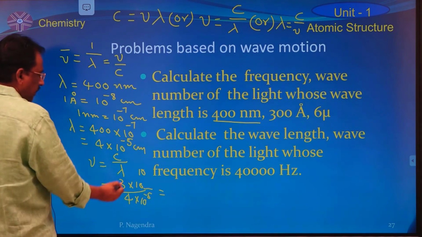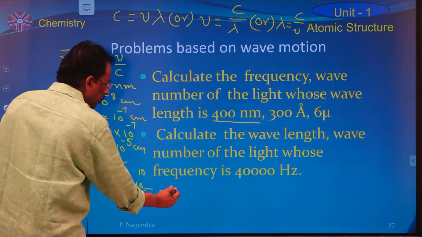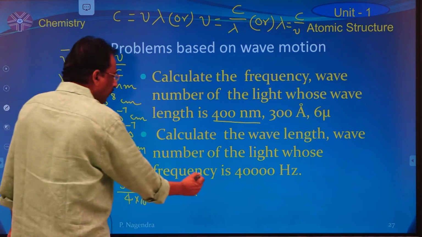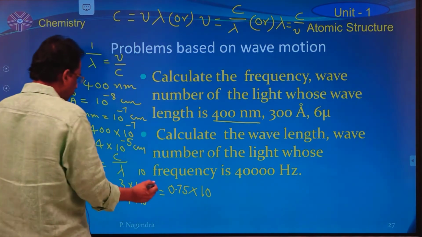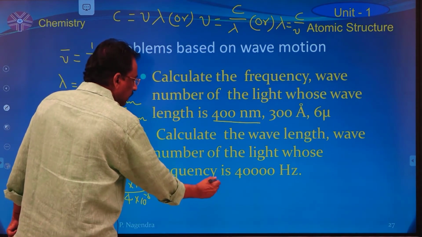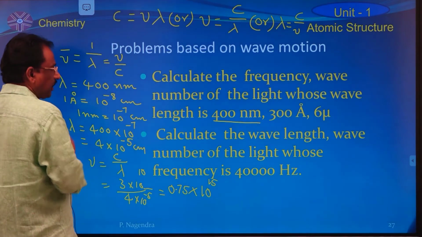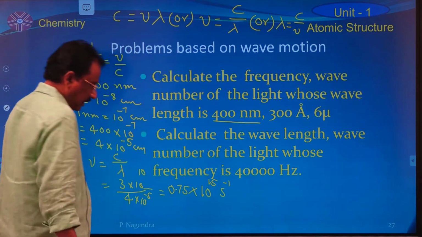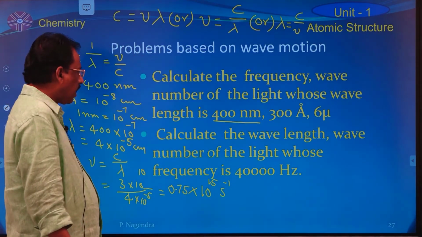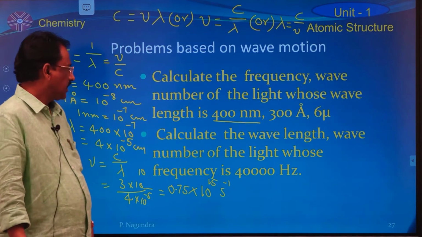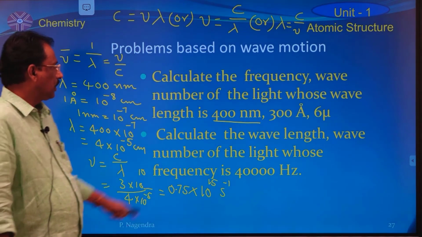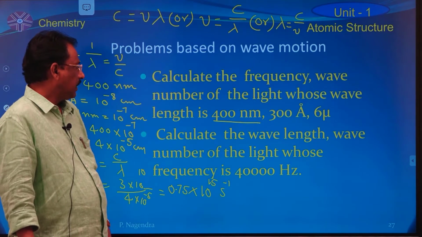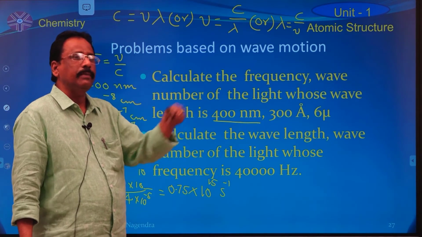Therefore, this is equal to 3 by 4, 0.75 into 10 power 15. This is the frequency. That's why frequency is expressed in second inverse, Hz or CPS. So if you know the lambda value, it is possible to calculate its frequency and wave number also.